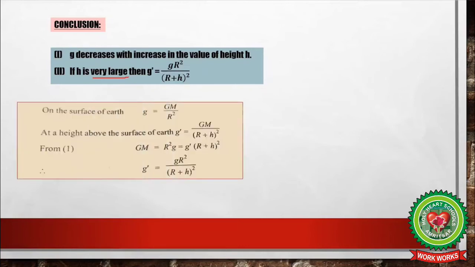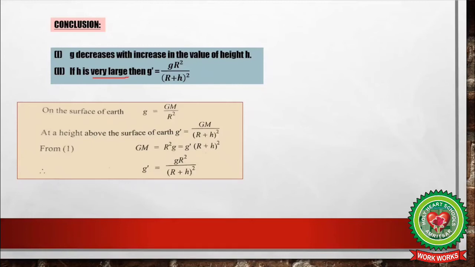Let's see. See students, on the surface of earth, g = GM/R². At a height above the surface of earth, g' will become GM/(R + h)². Now from the first, GM = R²g, which is equivalent to g'(R + h)², or you can say that g' = gR²/(R + h)².